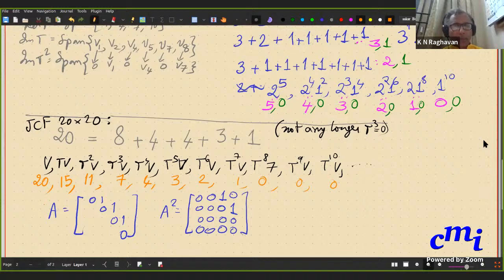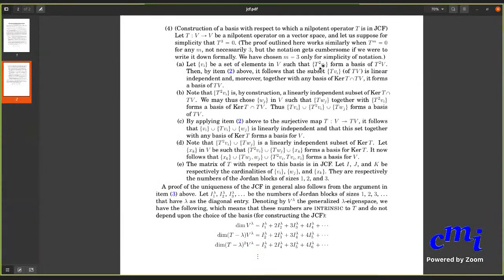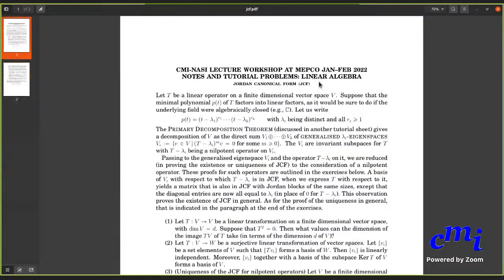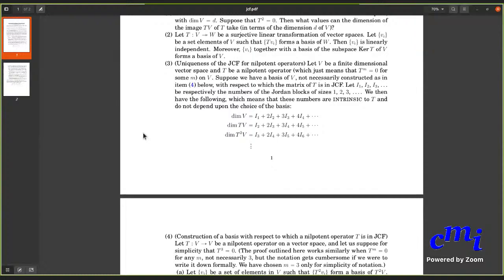Let me for a minute stop sharing the screen and share the tutorial sheet. Can you see this? Yes, sir.